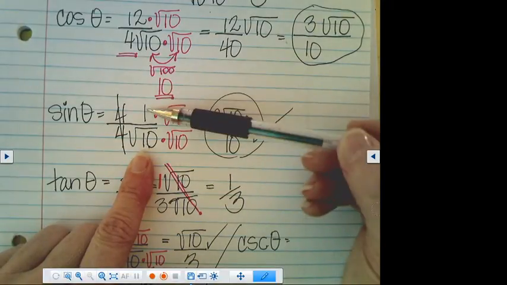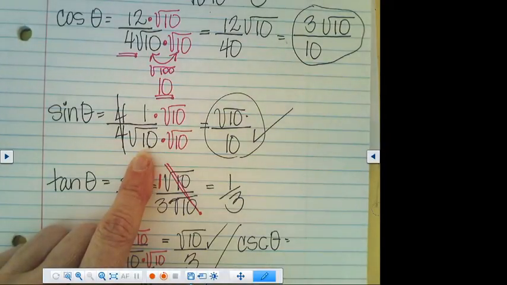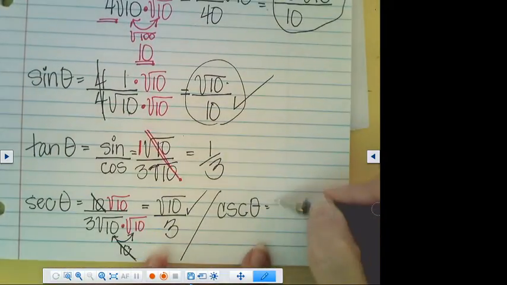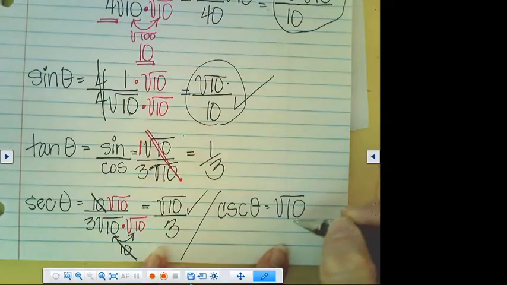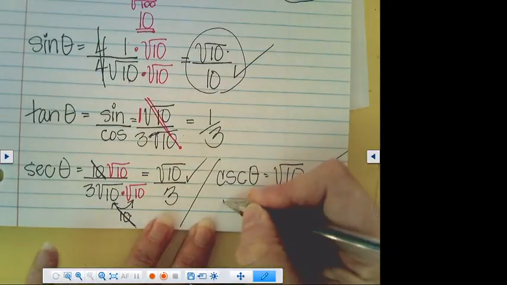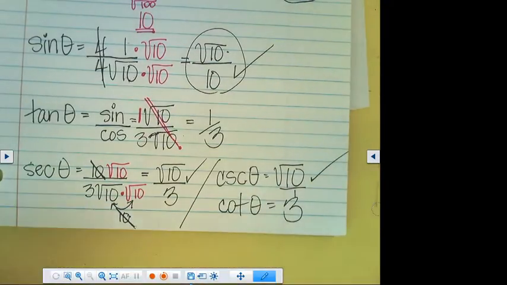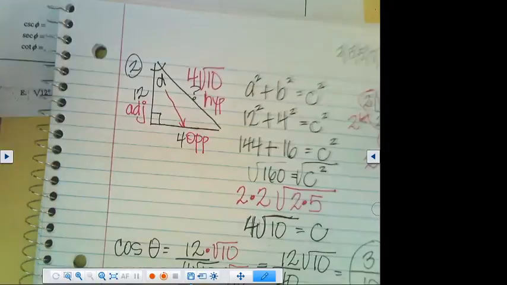But do you guys see how if we flip this one, square root of 10 goes up and 1 goes down? So I'm definitely going to flip that 1 over the square root of 10 because that just makes square root of 10 go up. He's understood to be over 1, so he's done. Okay. What do you get when you flip that tangent answer? Thank you, 3. Awesome.